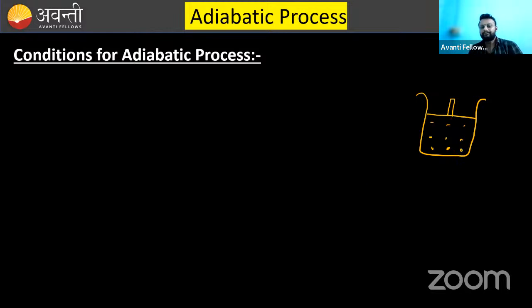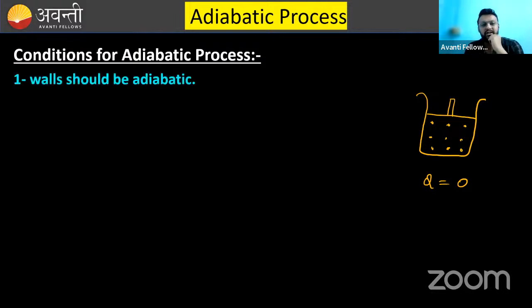So what I'm saying is that heat cannot be exchanged. Heat cannot be exchanged means the walls should be adiabatic, because heat transfer is zero. Q is what? Zero. That means walls should be adiabatic. So the first condition is there, walls should be adiabatic.